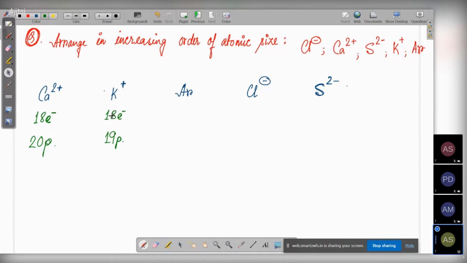Argon has 18 electrons only, so 18 protons also. Neutral chlorine has 17 electrons, so 17 protons. But it is Cl minus, so one electron is extra. Again 18 electrons.